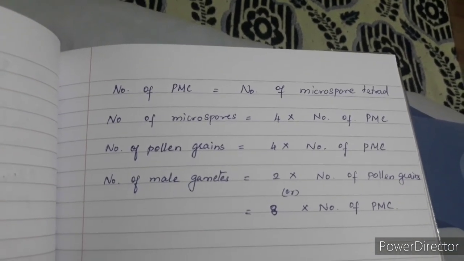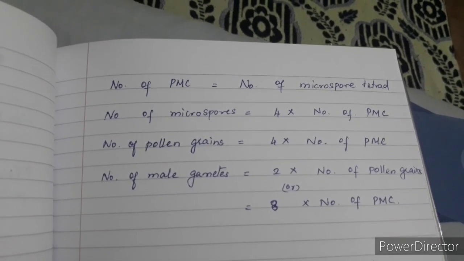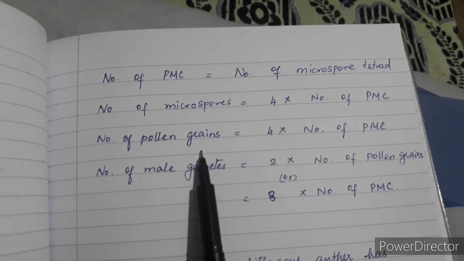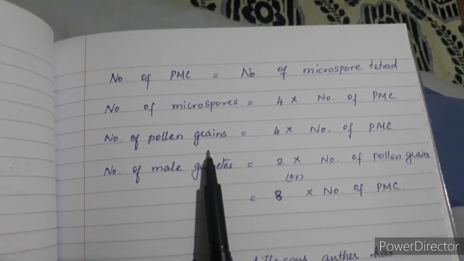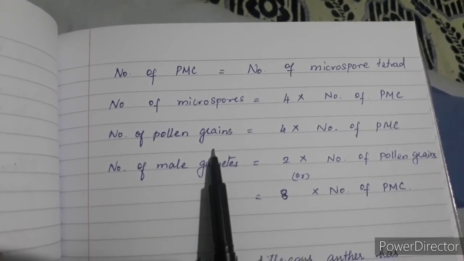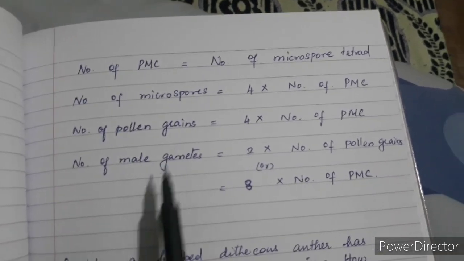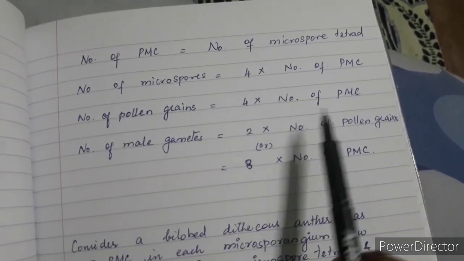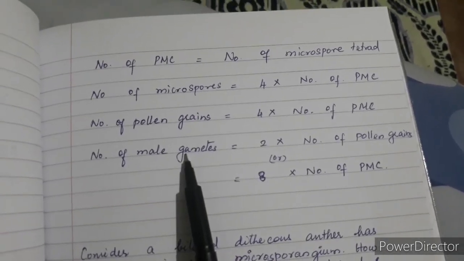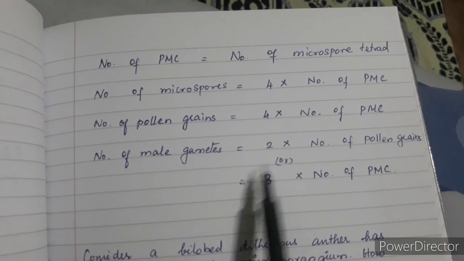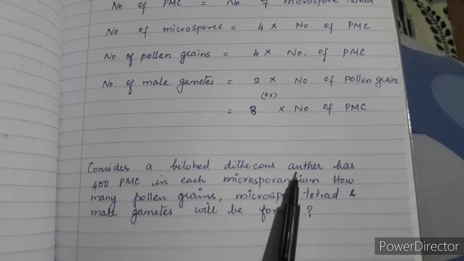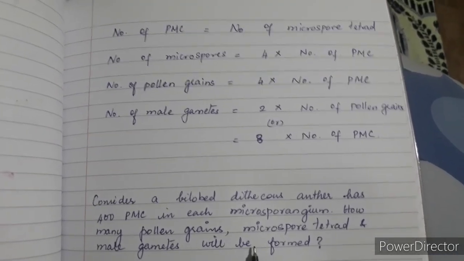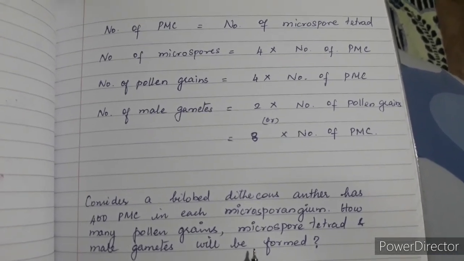So you are going to get 80 microspores. How many pollen grains will you get? Each microspore will develop into one pollen grain. Each pollen mother cell will result in 4 microspores. Say you start with 100 pollen mother cells, you will end up with 400 pollen grains. The same way the other calculations can go on. Please note down all the formulas so that it is useful for you.